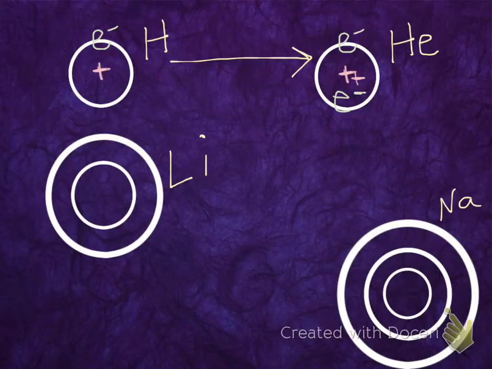So the radius for helium, even though helium's got more stuff, is smaller, because these protons can exert a tighter pull.